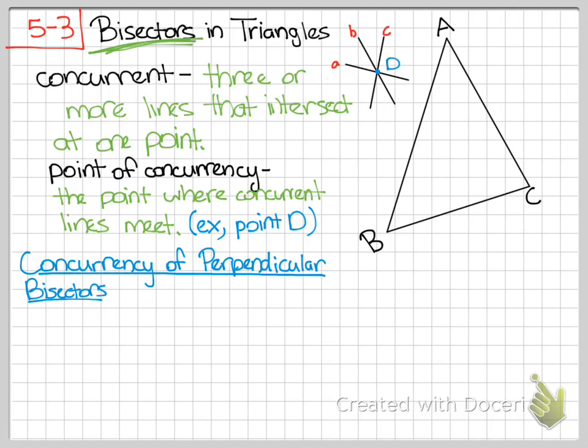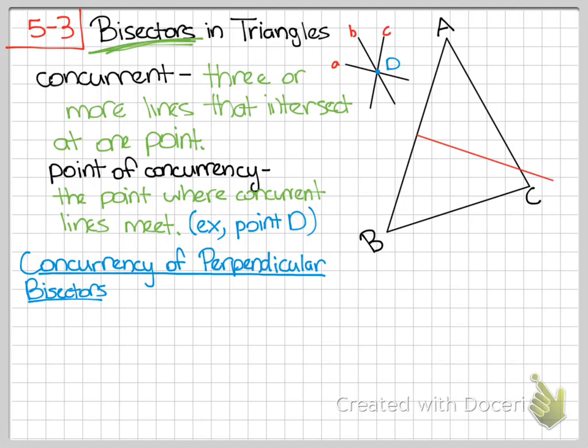So what I want to do now is look at concurrency of perpendicular bisectors. We've got this triangle ABC here. What I'm going to do now is draw a perpendicular bisector of each side. First I want to look at side AB. I am going to guesstimate about what the midpoint is and draw its perpendicular bisector.